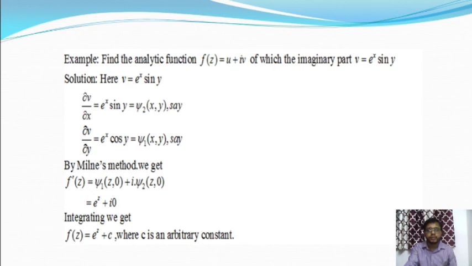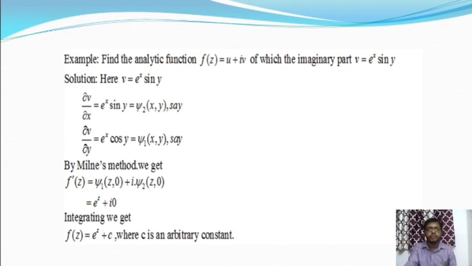So if v is given, then what is the Milne Thomson method? The Milne Thomson method is actually f dash z is equal to psi 1 z comma 0 plus i into psi 2 z comma 0. This is the Milne Thomson method, and I have already discussed it in a previous slide. Where psi 1 z comma 0 is equal to del v del y, and psi 2 of z comma 0 is equal to del v del x.